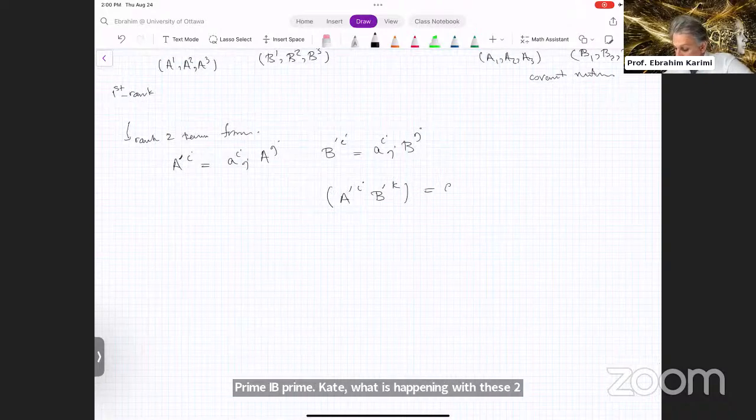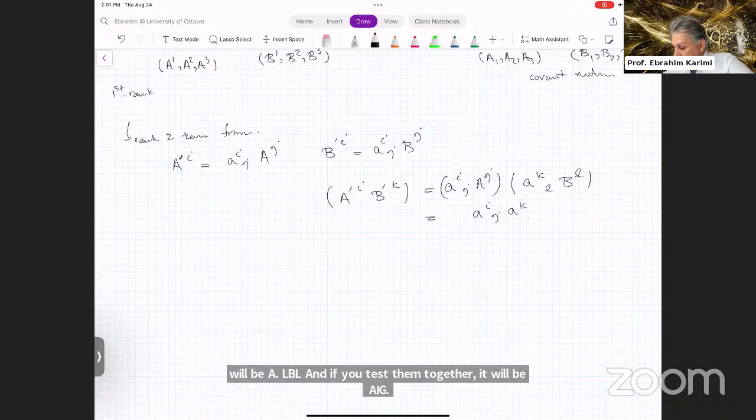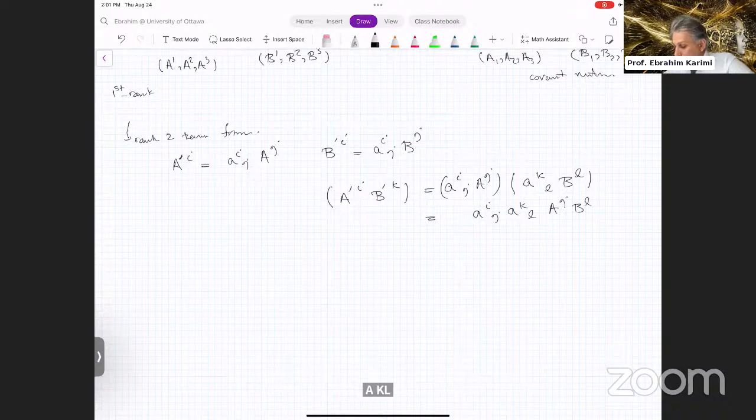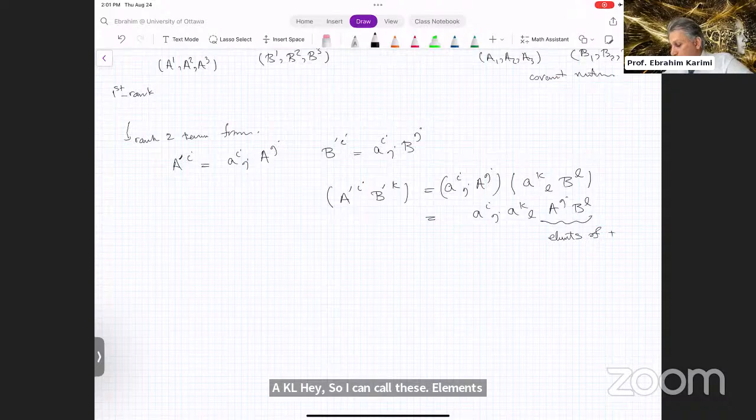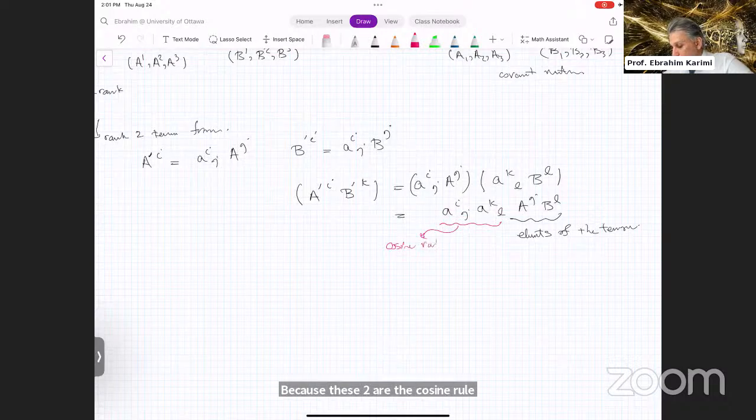If you multiply them, it will be a_ij A_j, with a summation over j, and then B'_k will be a_kl B_l. If you put them together, it will be a_ij a_kl A_j B_l. I can call these the elements of the tensor, because these two follow the cosine rule for a tensor of rank 2.